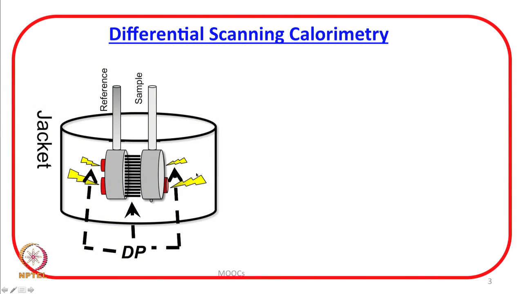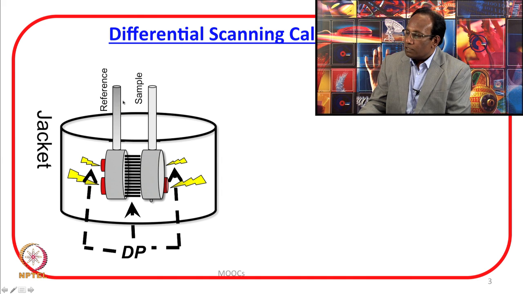Let us take a look at this block diagram. In a differential scanning calorimeter, what you have is a reference cell and a sample cell.